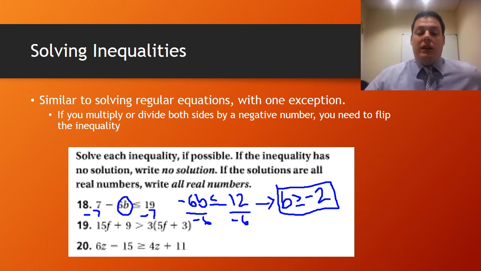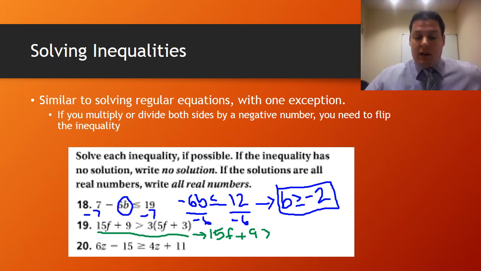We isolated b, we flipped the sign because we divided by a negative number, and we moved on. Now remember, just as when we're solving equations, sometimes we need to simplify the equation first. So I'm going to rewrite this as 15f plus 9 is greater than, and I'm going to distribute this because it's going to make it easier, 15f plus 3.